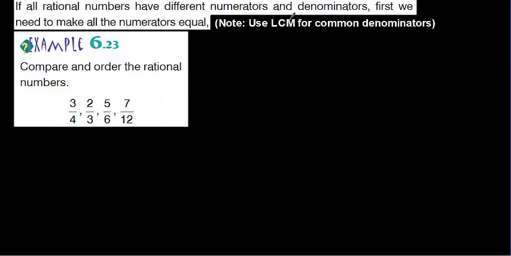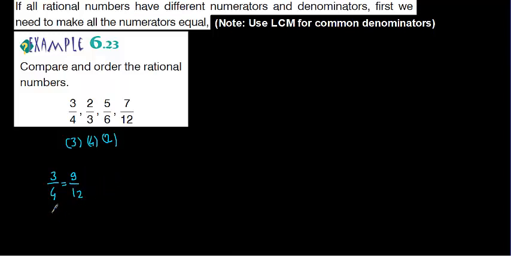Here we can use the least common multiple, and when I check 4, 3, 6 and 12, the least common multiple is 12. I multiply numerator and denominator of 3 over 4 by 3, and I get 9 over 12.